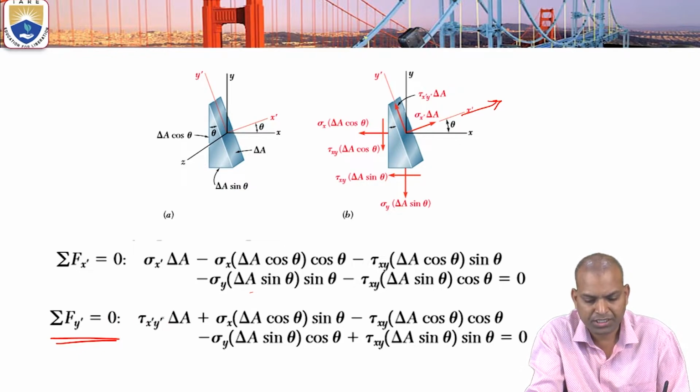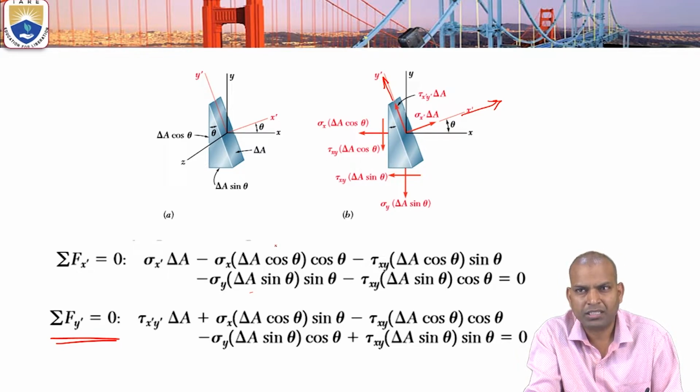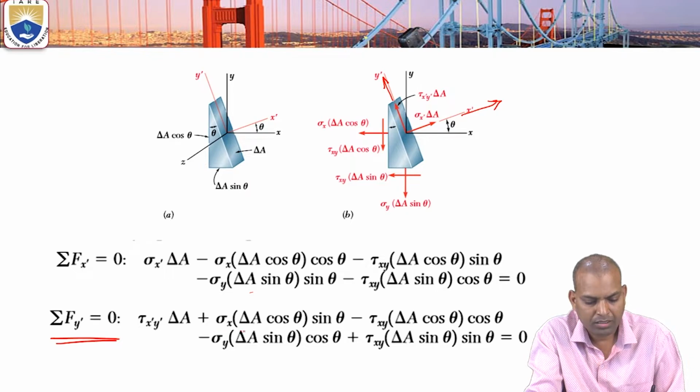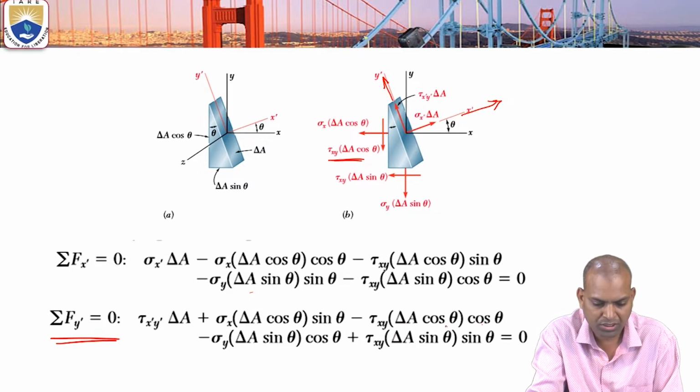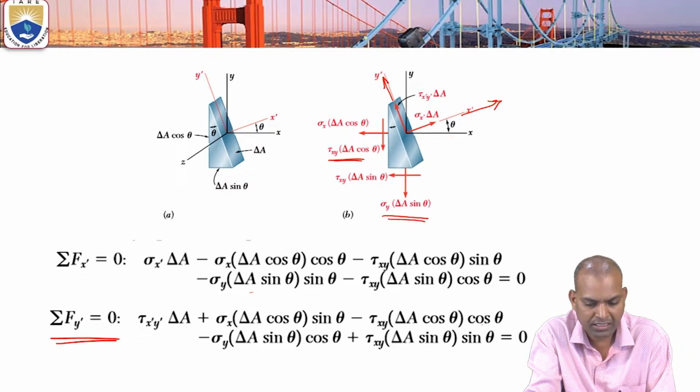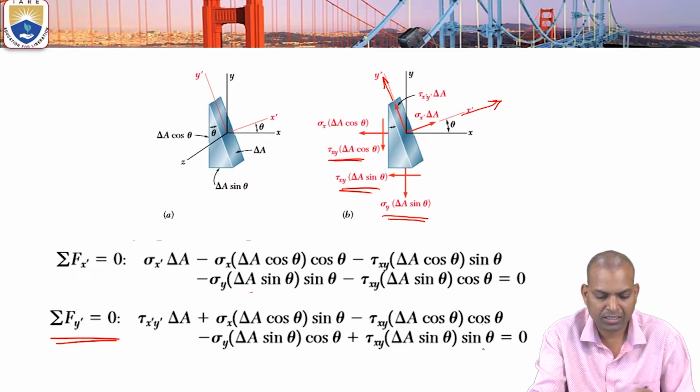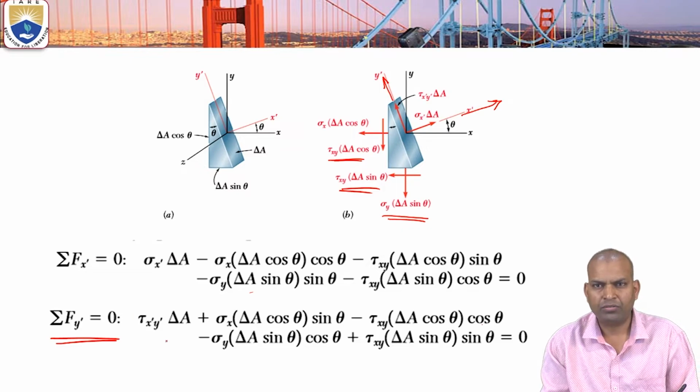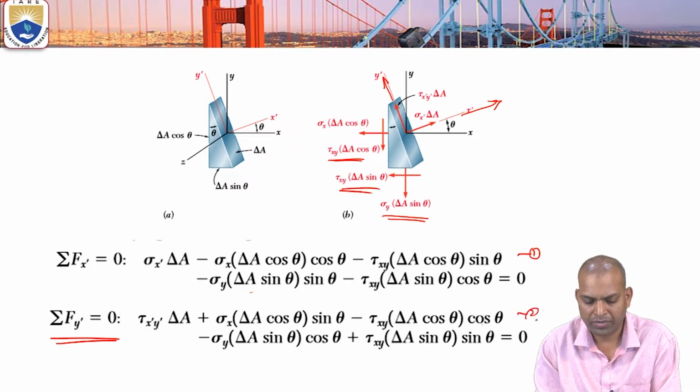So sigma Fy dash, in the y dash direction, is parallel to the section del A. That is tau x dash y dash del A plus sigma x del A cos theta sin theta, minus tau xy del A cos theta times cos theta, minus sigma y del A sin theta times cos theta, plus tau xy del A sin theta times sin theta equals 0. We consider this as equation 1 and equation 2.